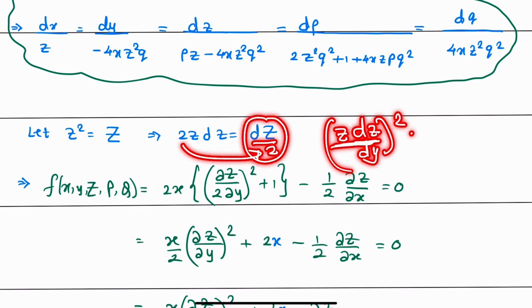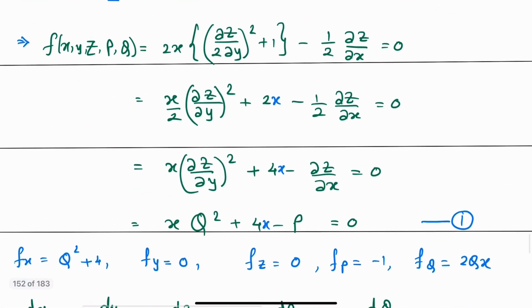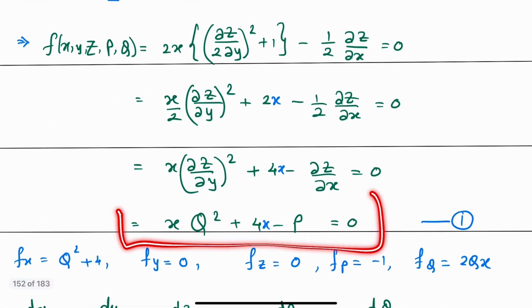That is the reason we have here this dZ by 2 and this dy plus 1 whole square. Similarly, here minus 1 by 2 dZ by dx. Once we have these values, just rearrange this, and on rearranging, this is what we get.